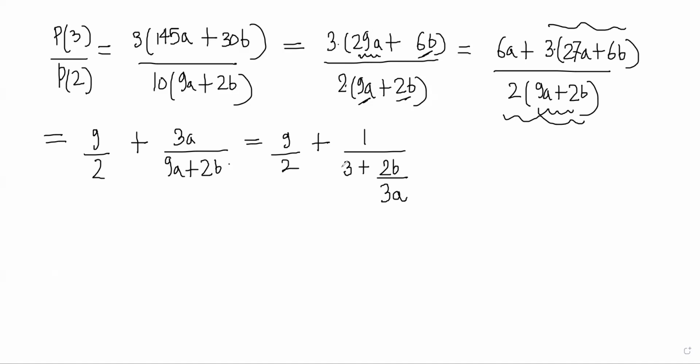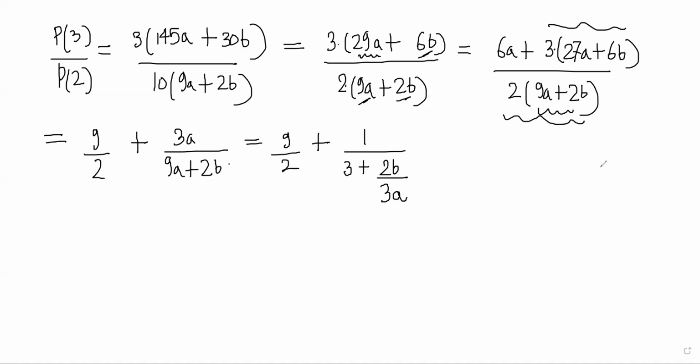Why is 2b by 3a greater than or equal to 0? B and A have the same sign, I think. The polynomial had non-negative integer coefficients.